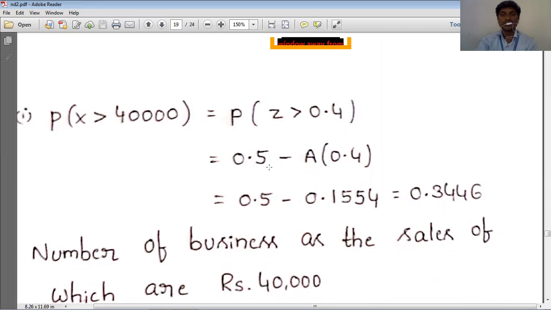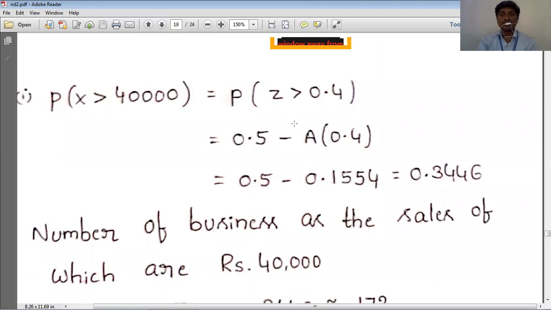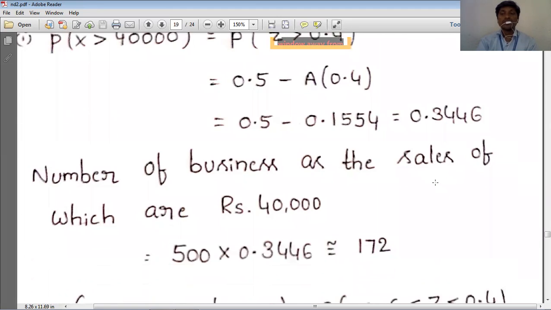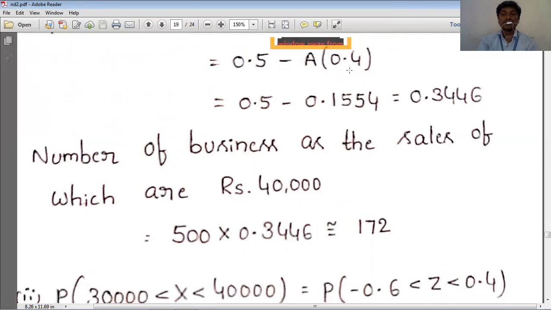So for that, 0.5 minus area of 0.4. By the tabular value we get 0.1554 and we substituted. Next we require the number of businesses, so for that we multiply the probability with 500. So 172 businesses have sales of more than 40,000 rupees.